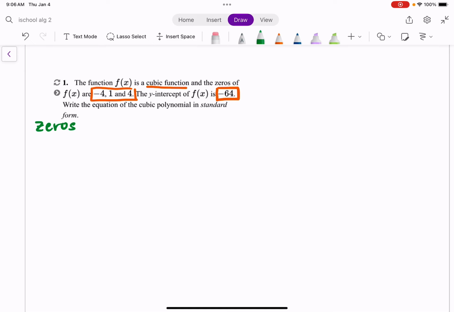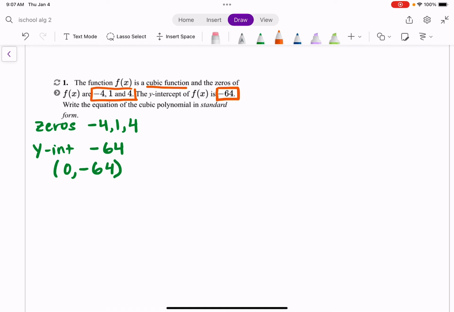We know the zeros are -4, 1, and 4, right? We also know that the y-intercept is -64. That actually means we know a point, because remember, the y-intercept is where the graph crosses the y-axis. So we actually know that this point now exists in the polynomial.